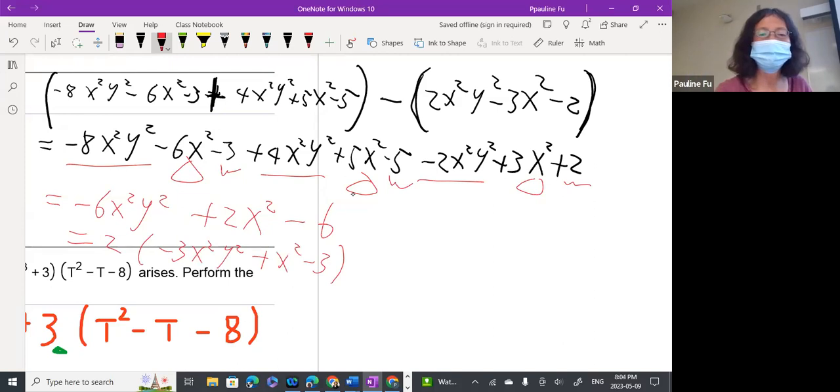Yeah, if you can factor out, that would be great. If you can't, this one is also correct. Maybe better to factor out, on the safe side. That's the correct answer on the exam.